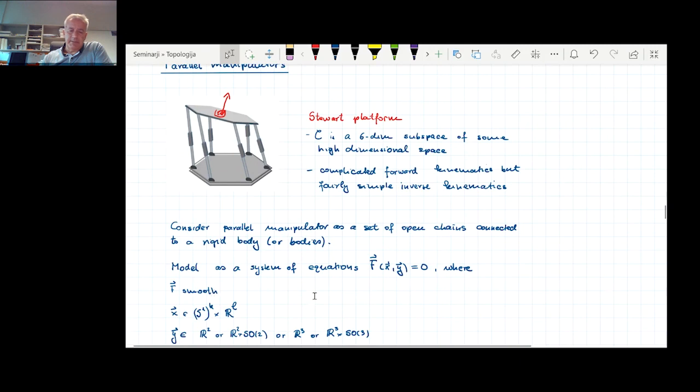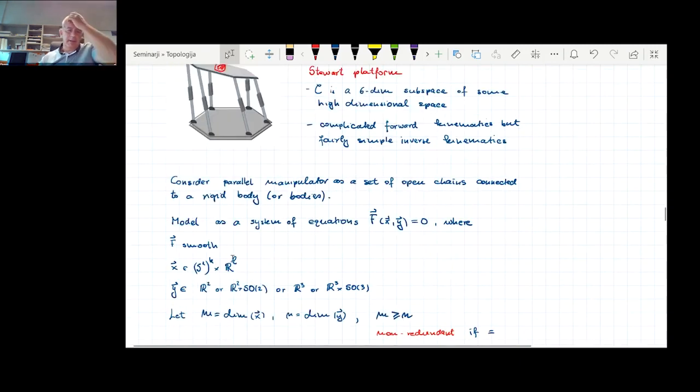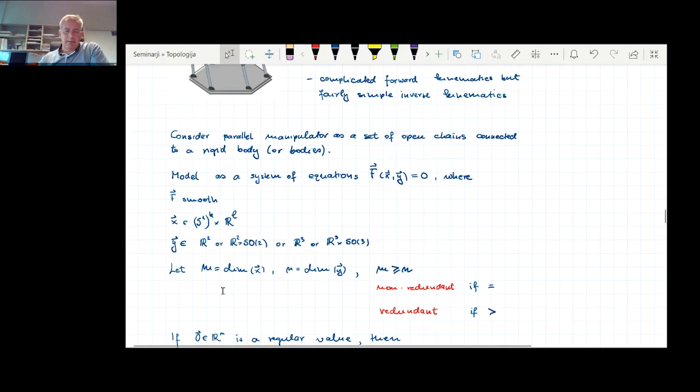Here, this map is usually assumed to be smooth. X is a subspace of the joint space. Y is some space of positions or positions and orientations. And usually you assume that the dimension of the input data is bigger or equal than the dimension of the output data. And this mechanism is called non-redundant if you have equality, or redundant if you have inequality.